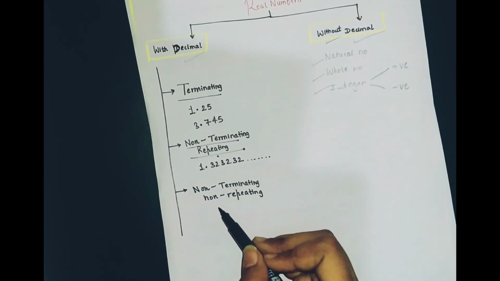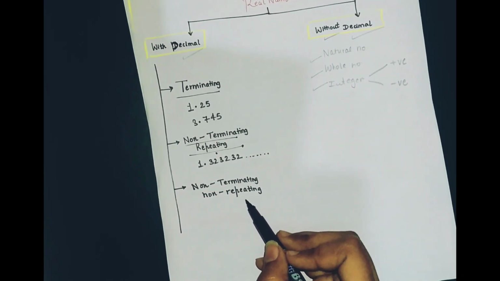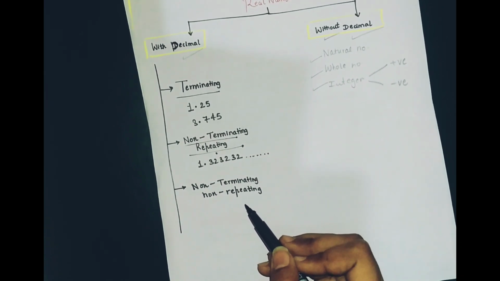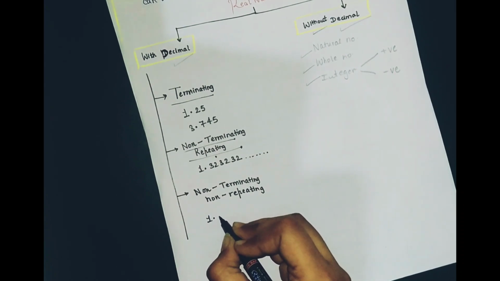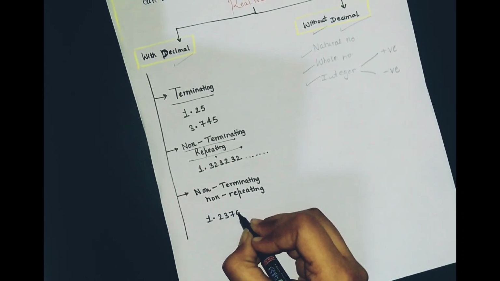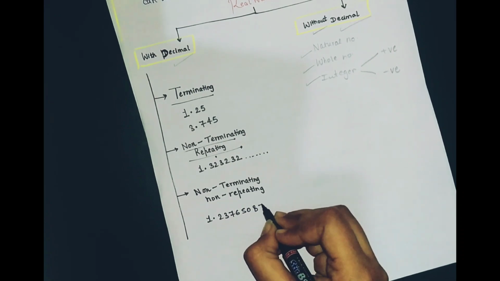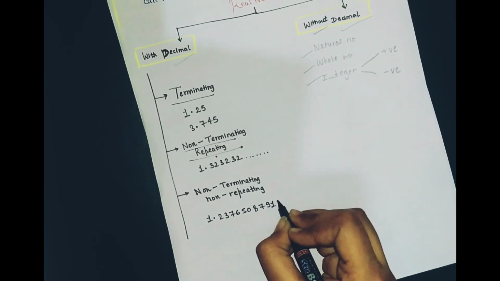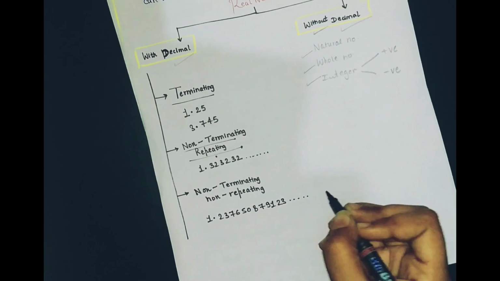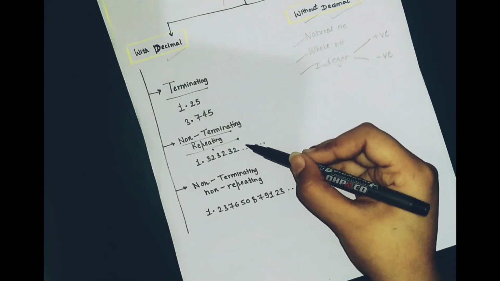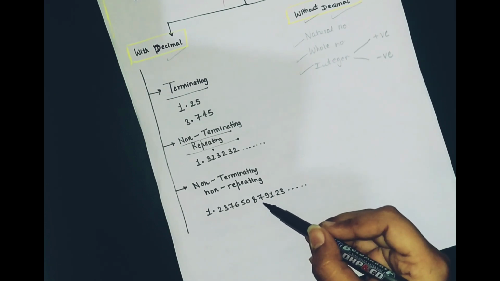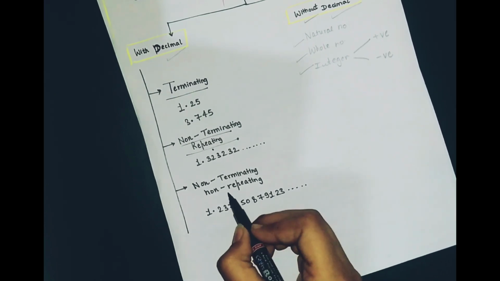Next up we have non-terminating non-repeating. For example, say 1.2367508791123. It will go to infinity like that. So what is the difference between non-terminating repeating and non-terminating non-repeating?